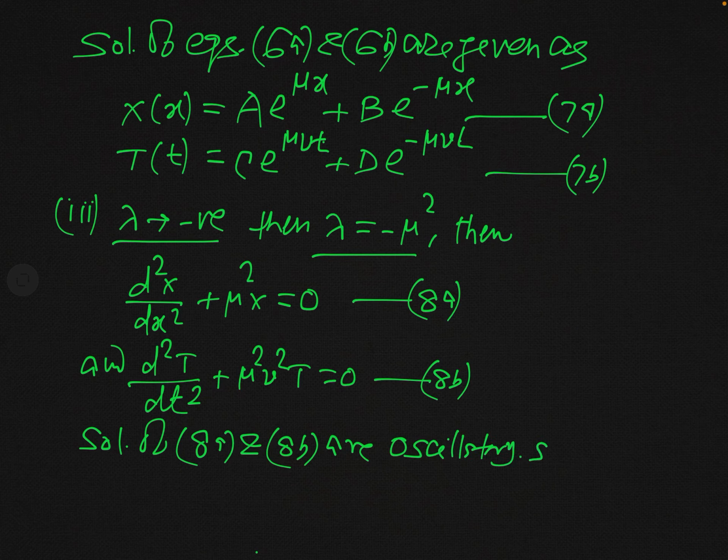You can easily see this. So you may write X of x equal to a e raised to the power i mu x plus b e raised to the power minus i mu x.